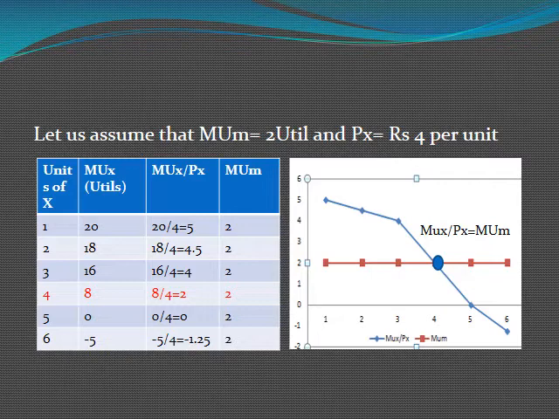So a rational consumer will go on consumption so that this ratio of marginal utility and price will be equal to the marginal utility of money. So a consumer will get more satisfaction by consuming 1 more unit of the commodity.